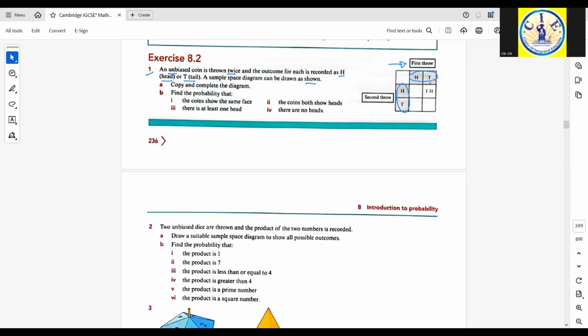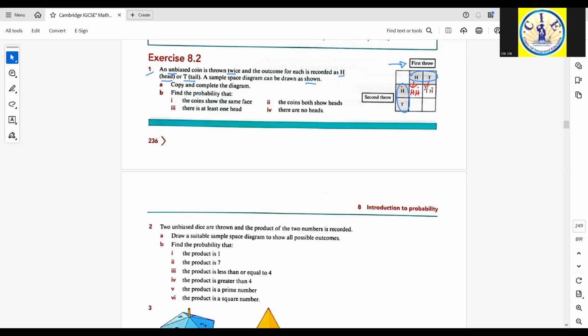TH is an example where T is for the first throw and this H is for the second throw. For this box of the intersection of this matrix, H is for the first throw and this H is for the second throw.